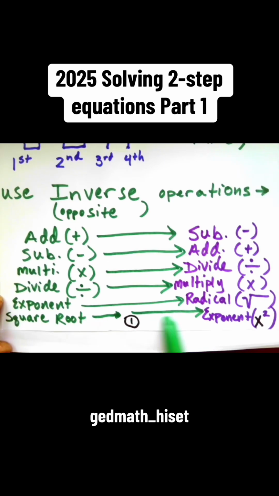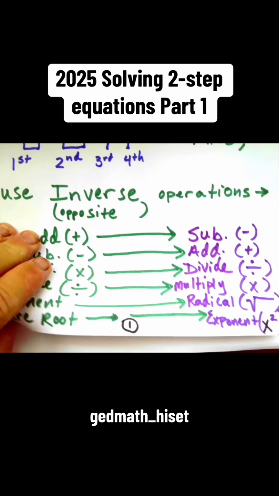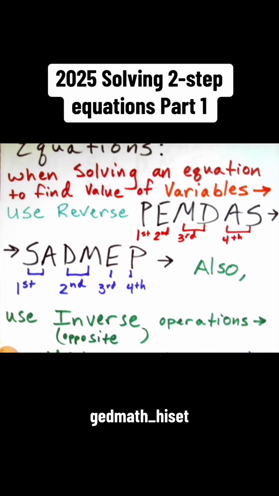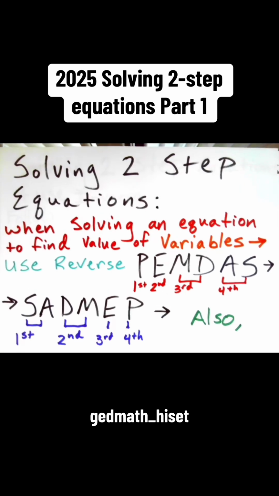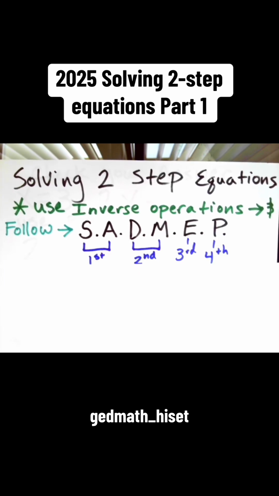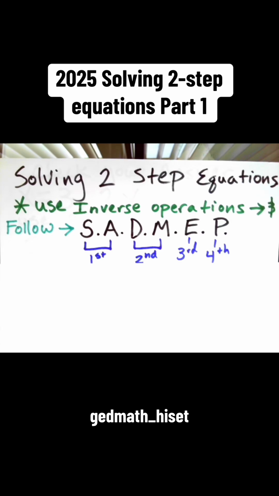The opposite of a square root is to take the squared, the exponential value of 2. And so these are just some really good reminders. I'm going to try to remind you in each of these videos fairly briefly what to do in the inverse operation. So let's go ahead and solve these two-step equations using inverse operations.